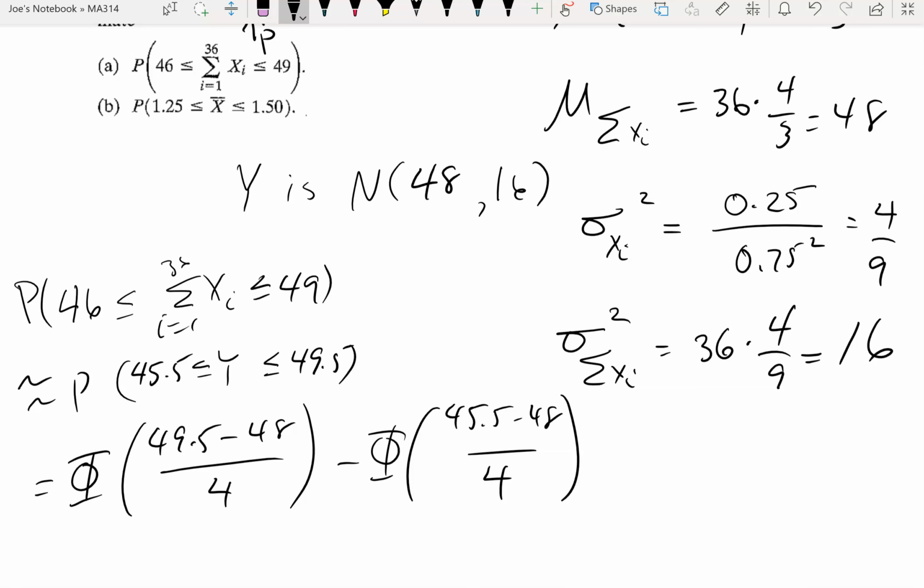Are we happy? That's phi of 3/8 minus 1 plus phi of 5/8. Or we can do it in Excel. Are we happy with this setup though?